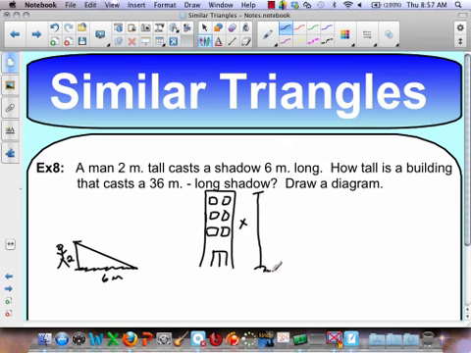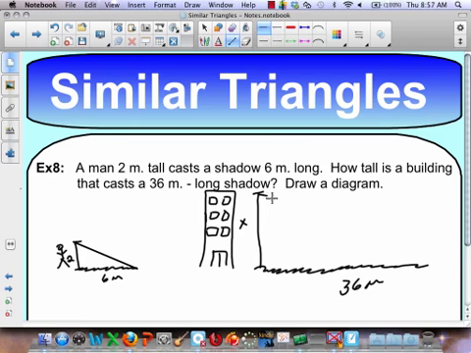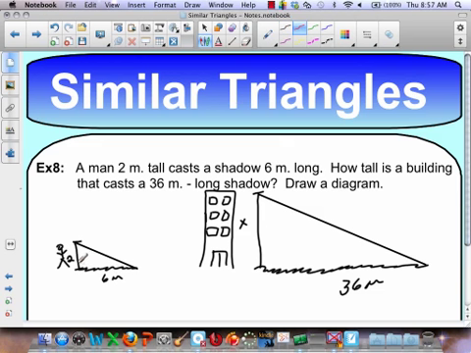But we do know that the building has a 36-meter shadow. And you guys see how the two triangles are similar? They both have the right angle, and they both have the congruent angle down here. Sam? So would x be 12? Yes.